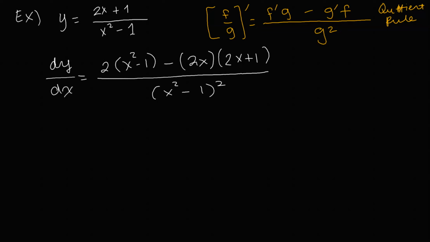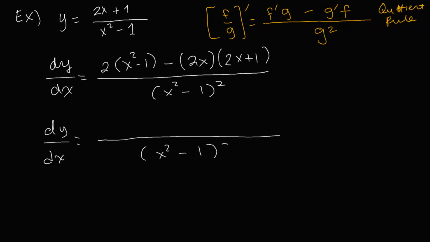What do you do with this now? You can simplify it if the instruction tells you to simplify. Otherwise, you can just leave it. But I think here we can simplify because I see x squared. So I know I'm going to be able to simplify that. Distribute, I have x squared minus 2.